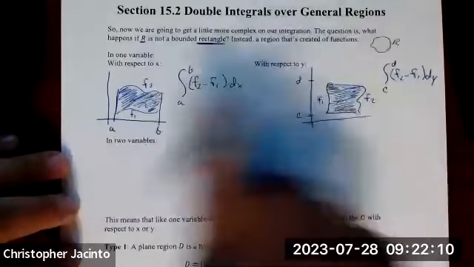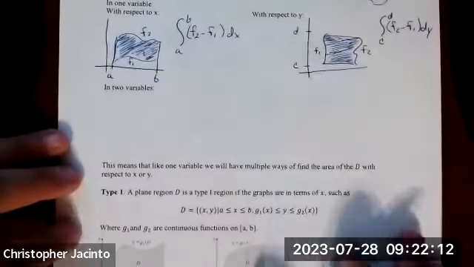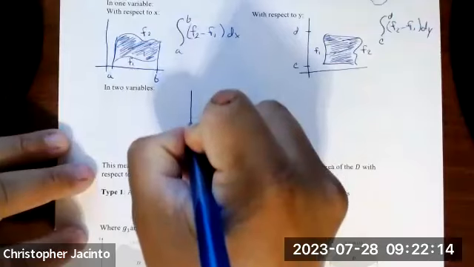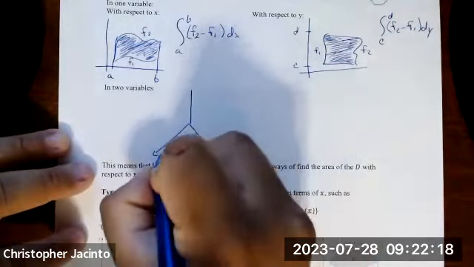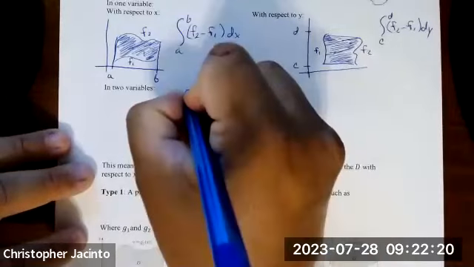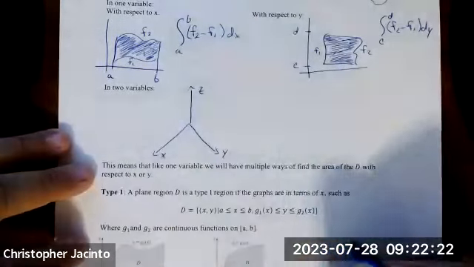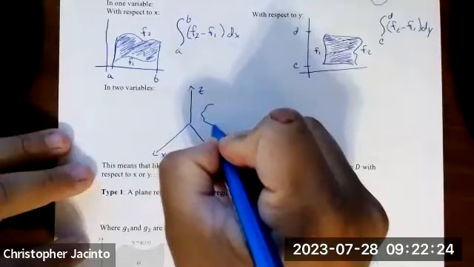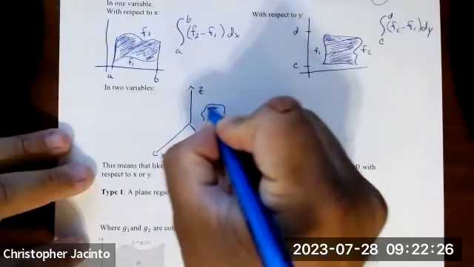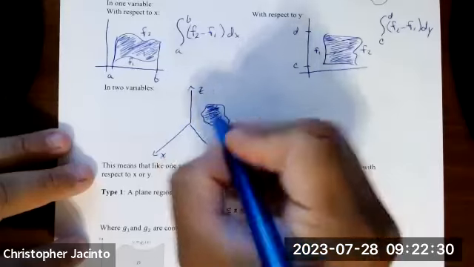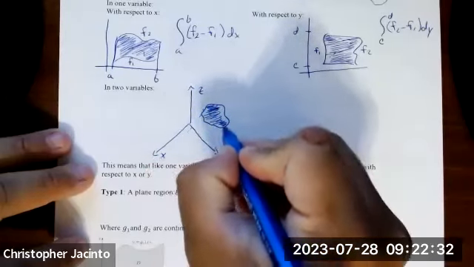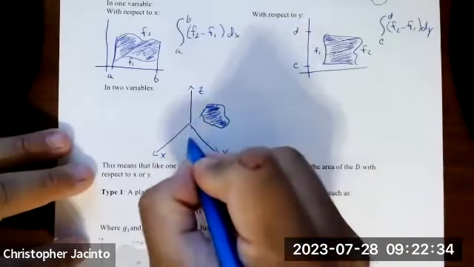Now that same process is applied in 3 dimensions. So we have some surface there, and we want to take the integral over the general region. All we're going to do is transpose it to the xy plane.